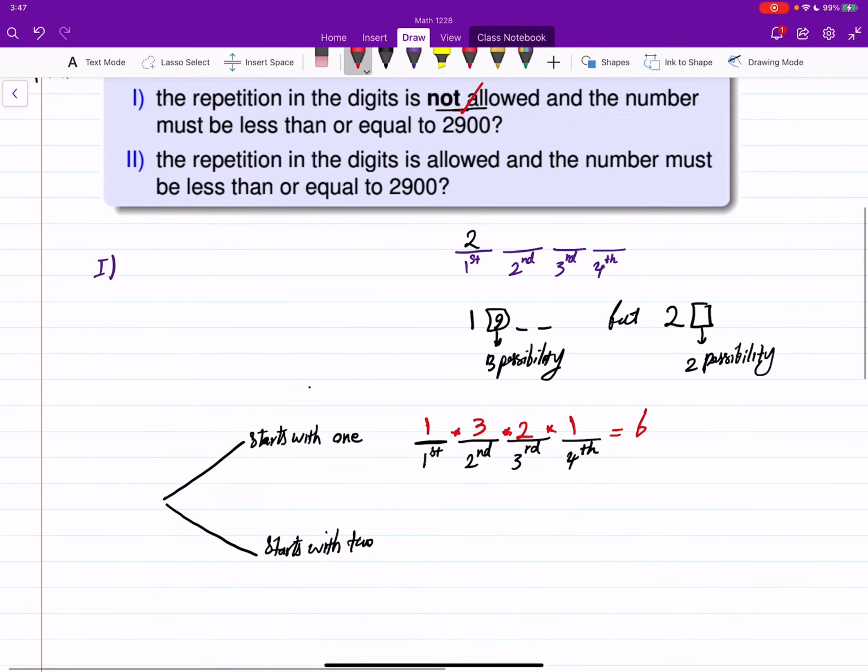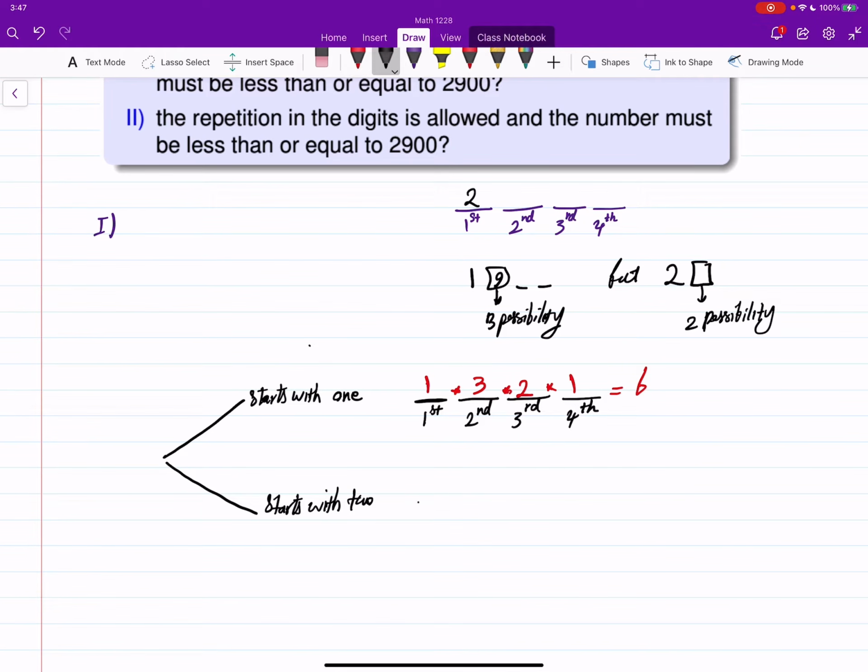How about starting with 2? Okay, so if I start with 2: first digit, second digit, third digit, fourth digit. Starting with 2 means that the first one we have chosen is fixed. Remember, I'm including the number of possibilities for each digit, yes? So for the first one, I have decided I can use only 2.